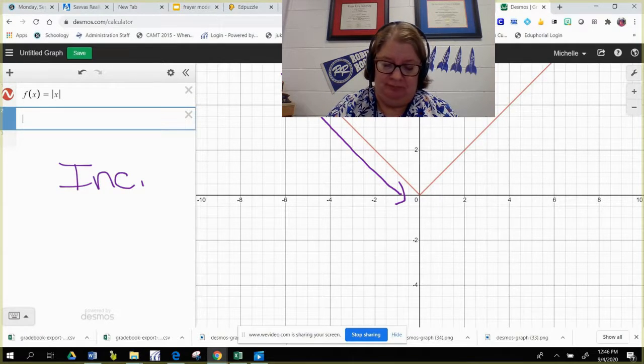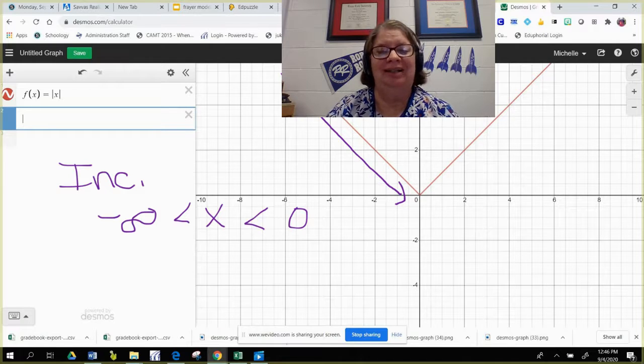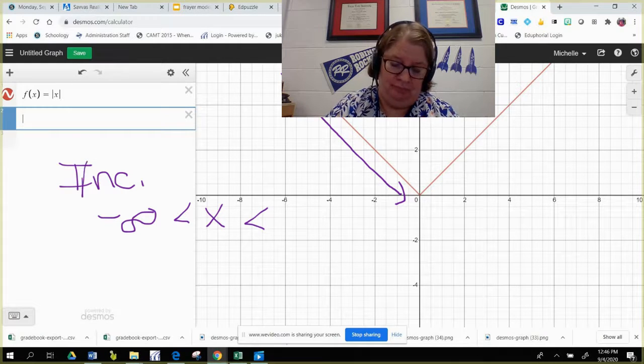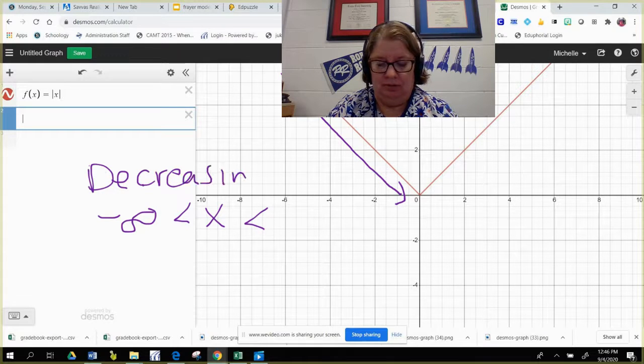So it's increasing between negative infinity and 0. Scratch that, Mr. Dell. That's not increasing. What's it doing? It's decreasing. How do we know increase or decrease? You look at it from left to right, just like you're reading. Increase means going up, decrease means going down, so this is decreasing from negative infinity to 0.